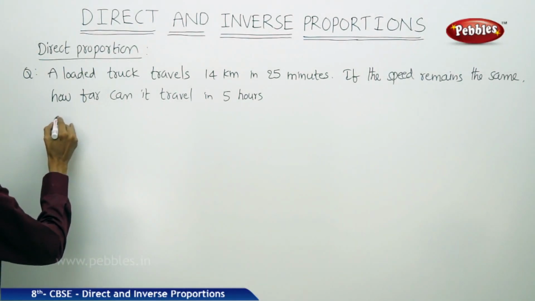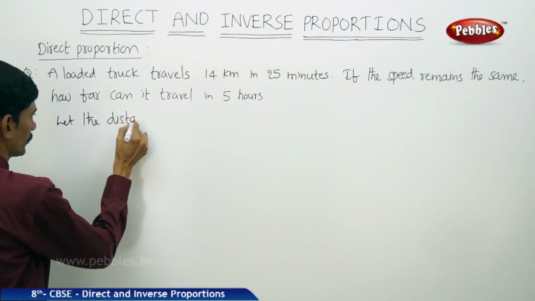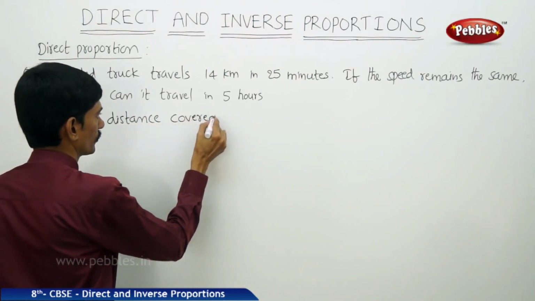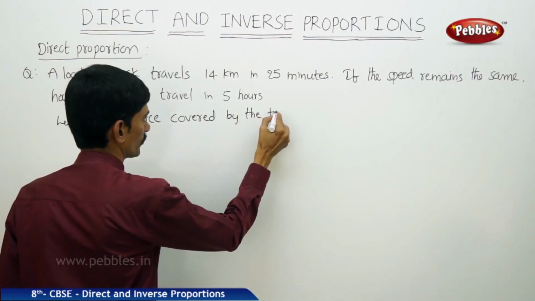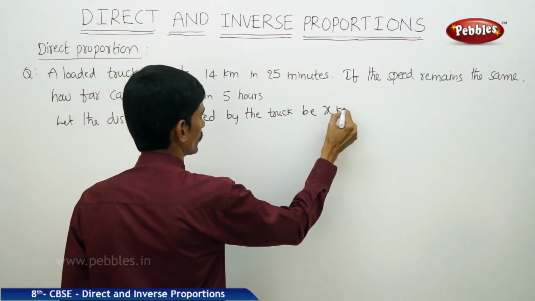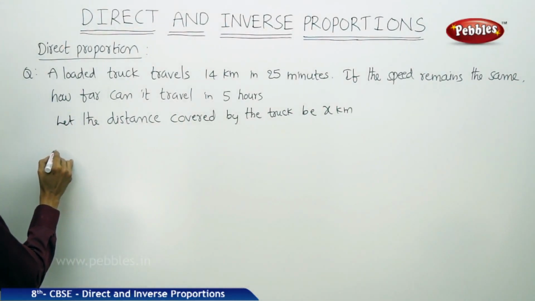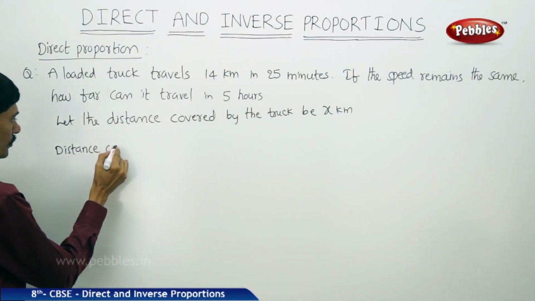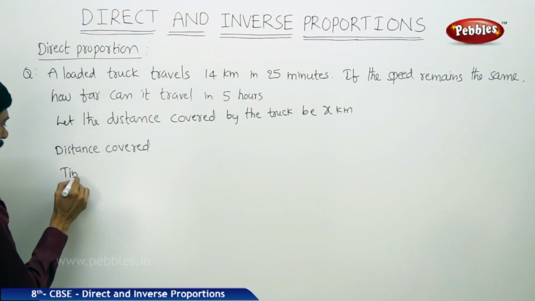Let the distance covered by the truck be x kilometers. Now let us draw the table to understand easily. Distance covered and time taken.